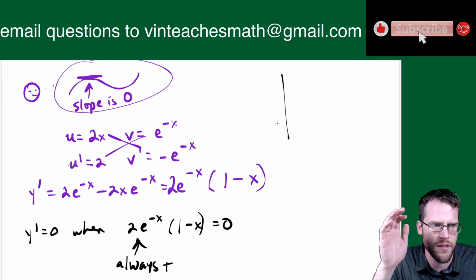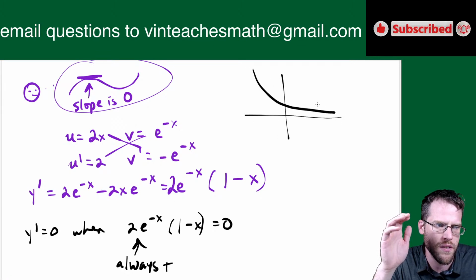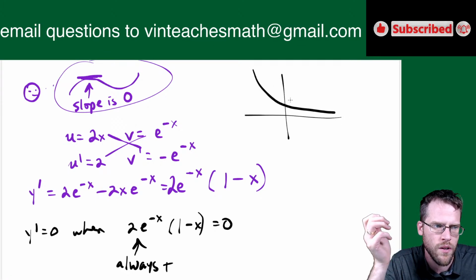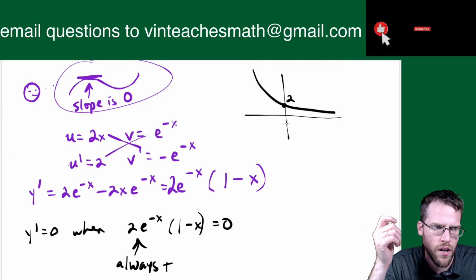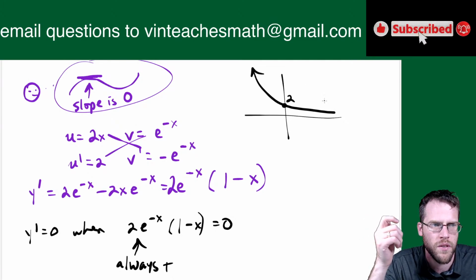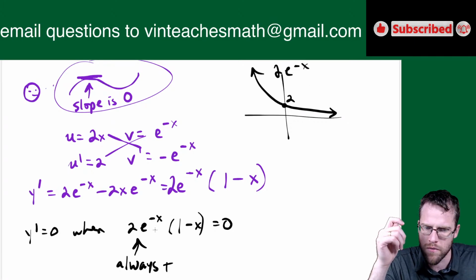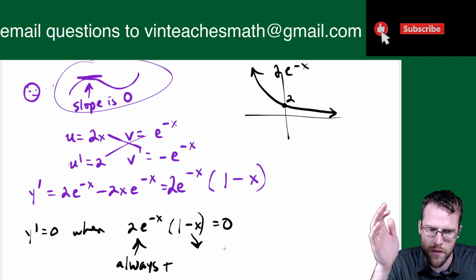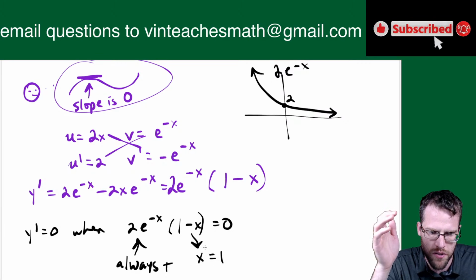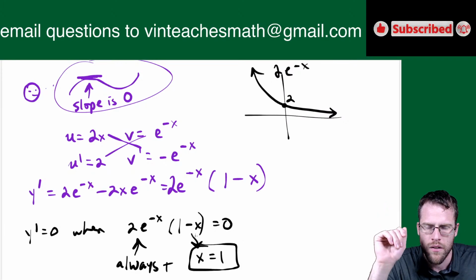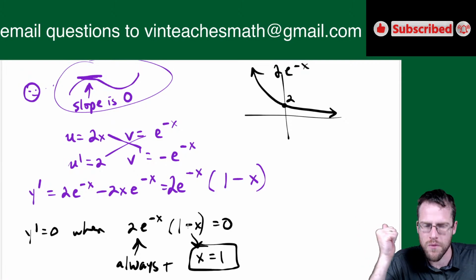E to the minus x looks like this. If I multiply it by 2, it's going to go through 0, 2 like this. So that would be a graph of 2e to the minus x. We're not going to get a root from that, but this one is going to give us a 0 when x is equal to 1. So that's when our slope is 0, at x equals 1.